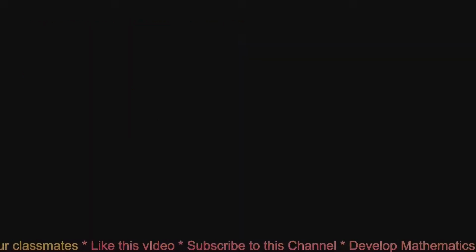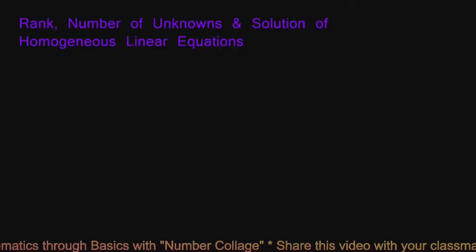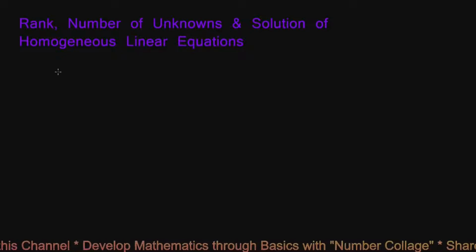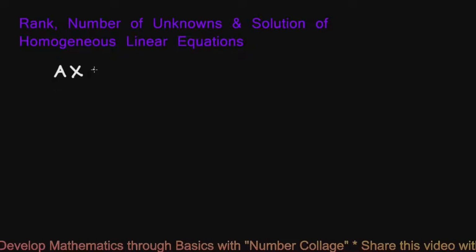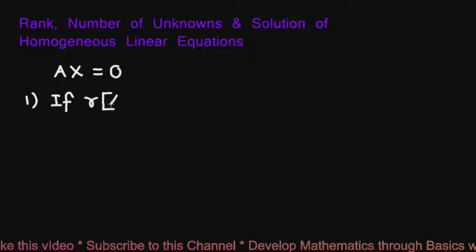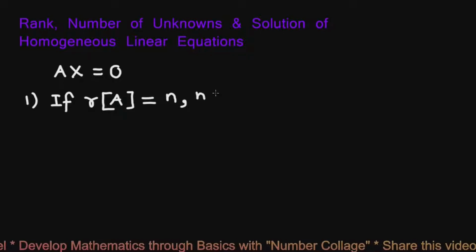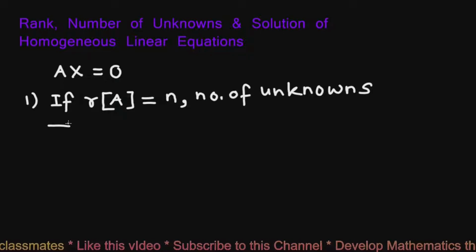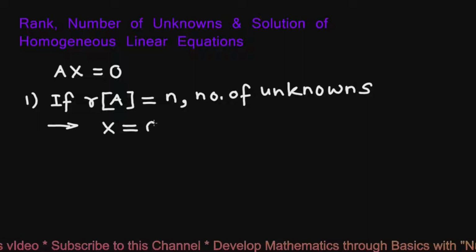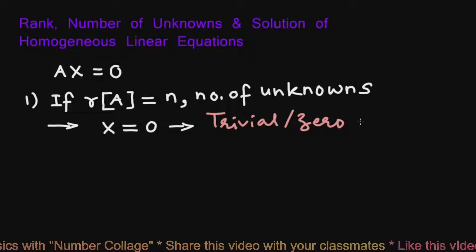We will see how to decide nature of solution of linear homogeneous equations from the rank of the coefficient matrix and number of unknowns. In the matrix equation Ax equals O, number 1, if rank of coefficient matrix A equals n, the number of unknowns, the only possible solution is x equals 0, that is a trivial solution or zero solution.